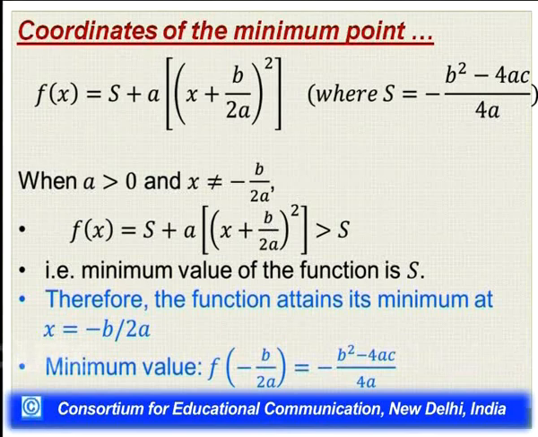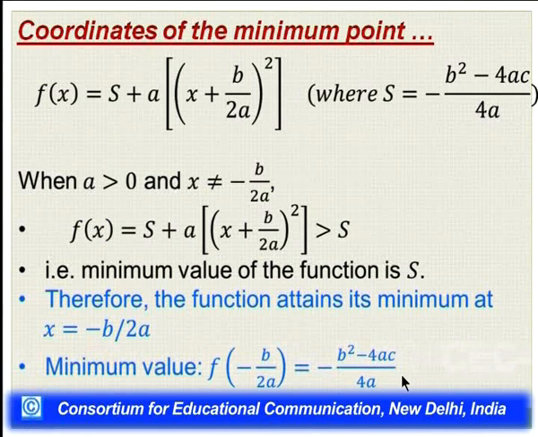So if I'm adding something to the number s, the minimum value of the function is always going to be s. And in this case, when a is positive, we say that the function attains its minimum at x equal to minus b by 2a, where the minimum value is f of minus b by 2a equal to minus of b square minus 4ac divided by 4a, because we're claiming that the minimum value is s, which is nothing but minus of b square minus 4ac divided by 4a.